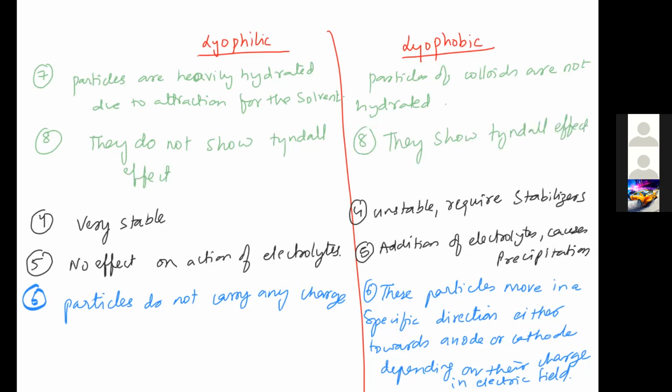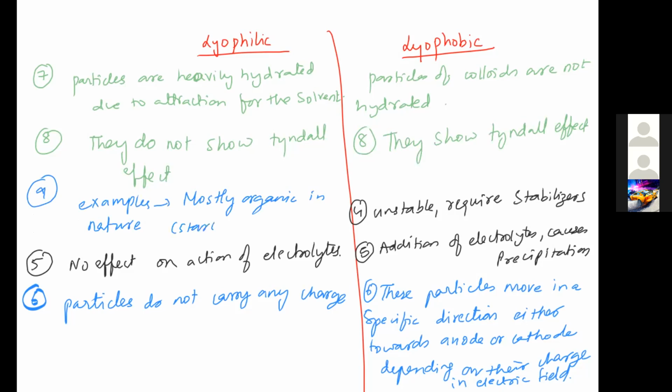Last, the 9th: the examples. The examples here are mostly organic in nature, like starch and gelatin.